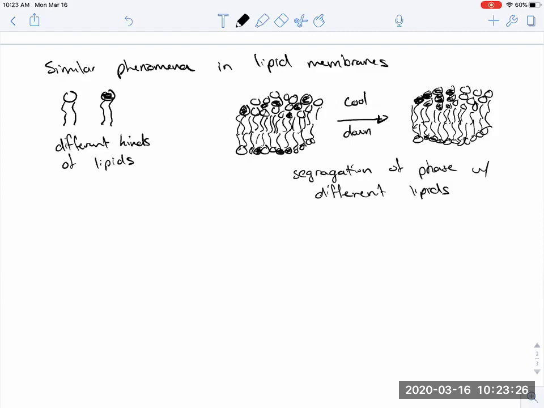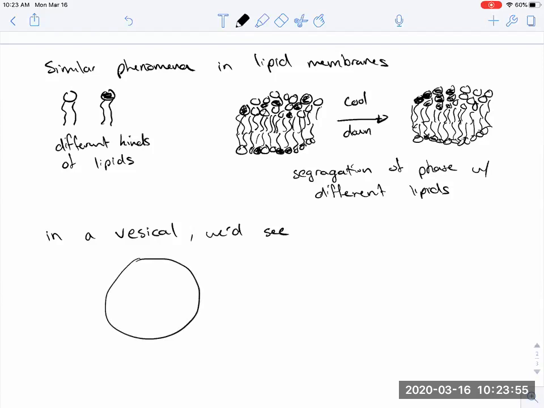It's not so easy to do an experiment on a bilayer, but what groups around the world have done in the last few years is prepare so-called lipid vesicles, which is a lipid bilayer folded up on itself to form a sphere.